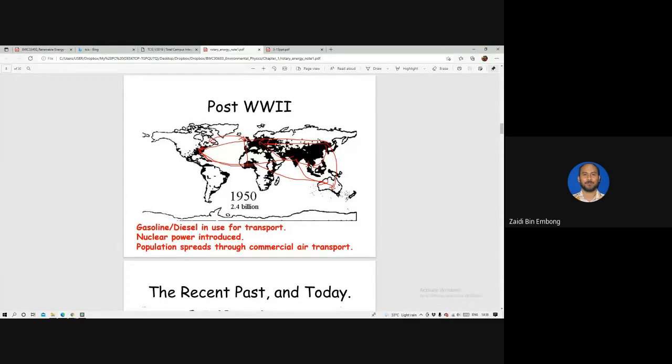So they generate the electricity using nuclear power, and then they distribute the electricity to the UK, using the cable. All right. So now, in our country, in Malaysia, we are very lucky because we only have one company. But if you go to another country like the UK, like Europe, there are many more energy providers.